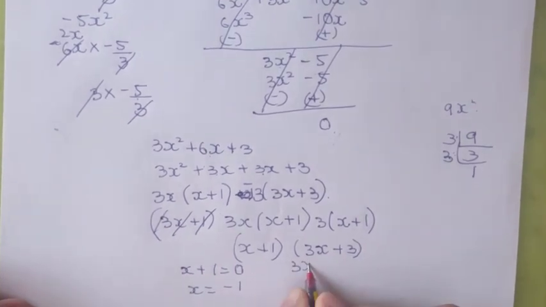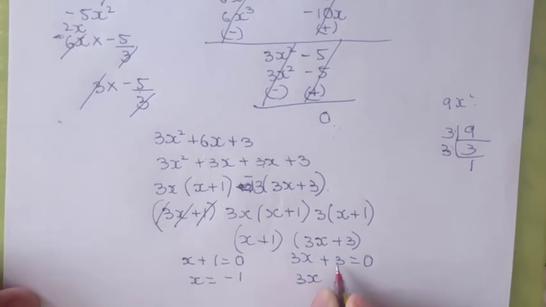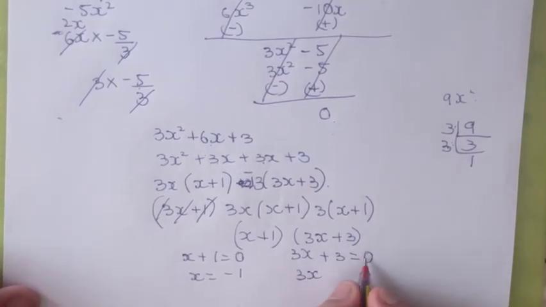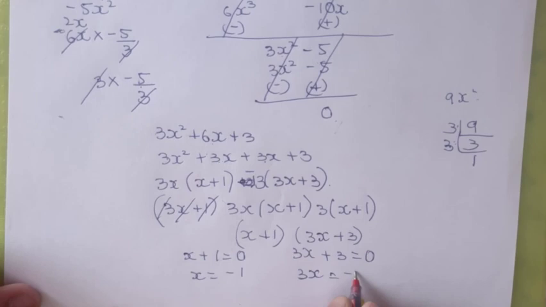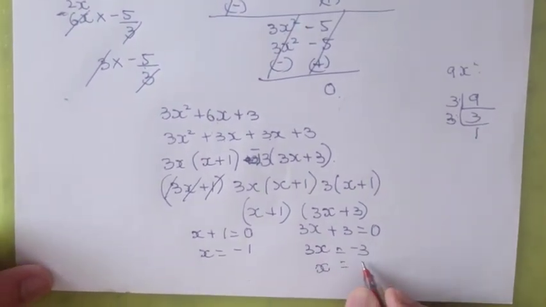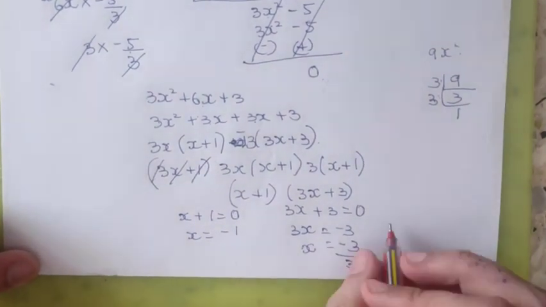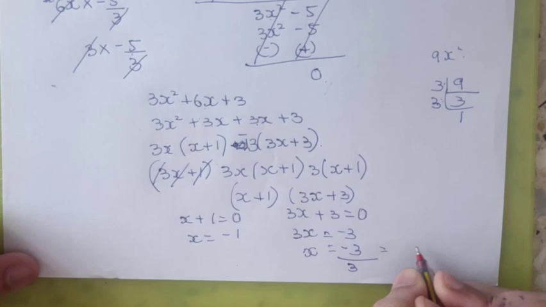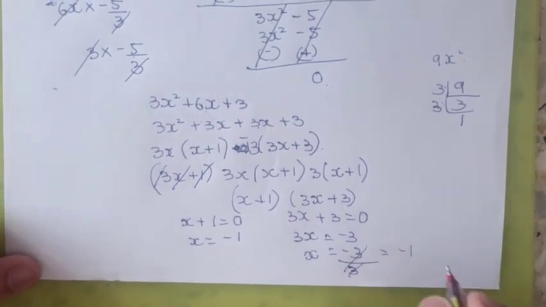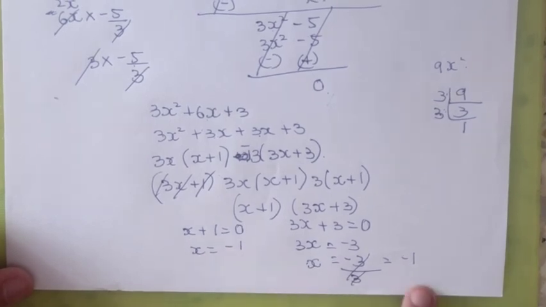And 3x plus 3 is equal to 0. Taking the 3 to the other side, plus 3 becomes minus 3, so x is minus 3 by 3, that becomes minus 1. So the other two zeros are minus 1 and minus 1.